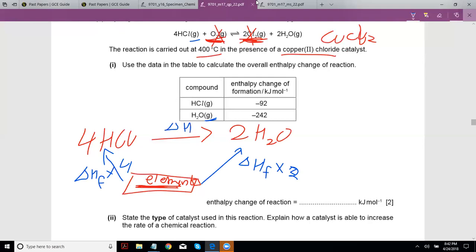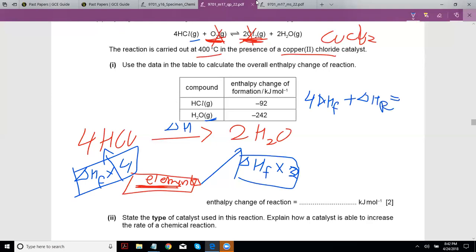You can just subtract the 2, but the idea is that you add this. So it's 4 times the enthalpy change of formation of HCl plus the enthalpy change of the reaction equals 2 times the enthalpy change of formation of H2O. Then you take it to the other side.